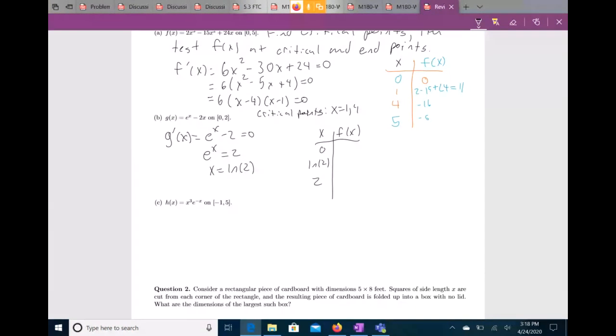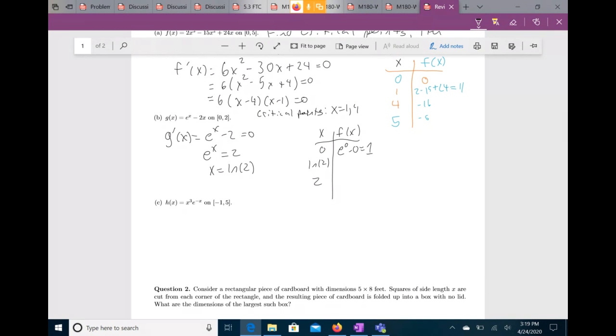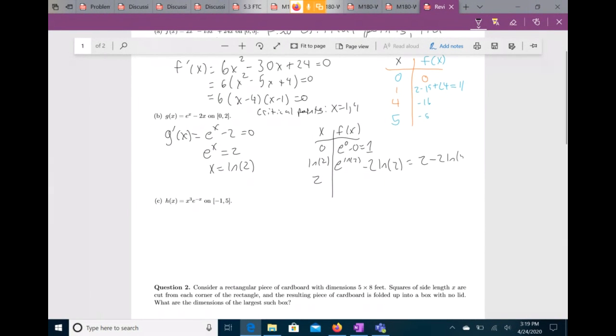If I plug 0 into the function, I get e to the 0 minus 0, which is just 1. If I plug in the natural log of 2, I get e to the ln 2 minus 2 ln 2, which is 2 minus 2 ln 2.